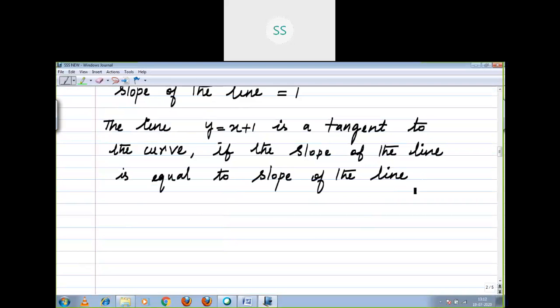That means the line must intersect the curve. That is the meaning, right? Slope of the line is equal to slope of the tangent.